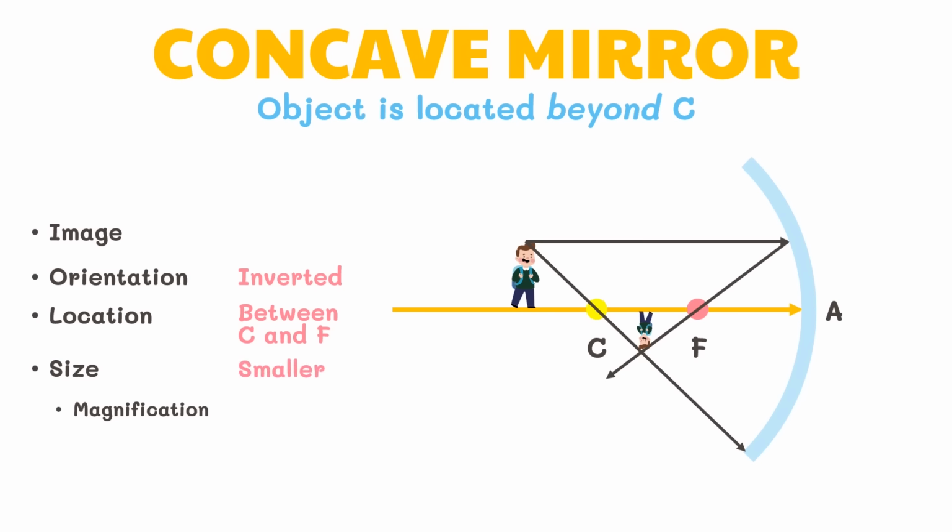In other words, the image dimensions are smaller than the object dimensions. If the object is a 6-foot-tall person, then the image is less than 6 feet tall. The absolute value of the magnification is less than 1, and the image can be described as a real image.